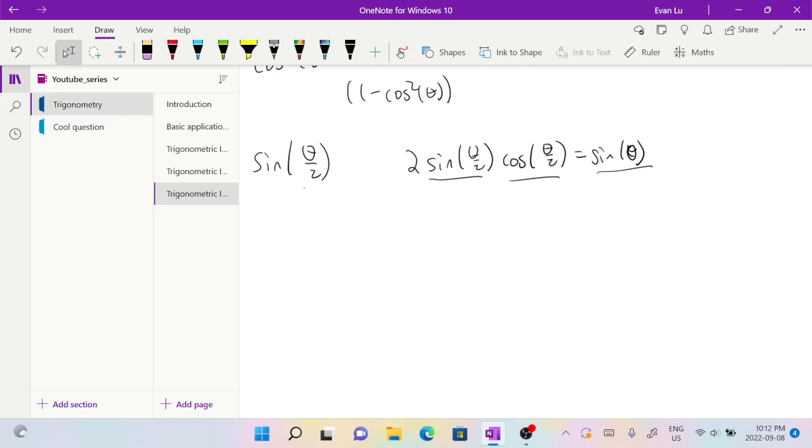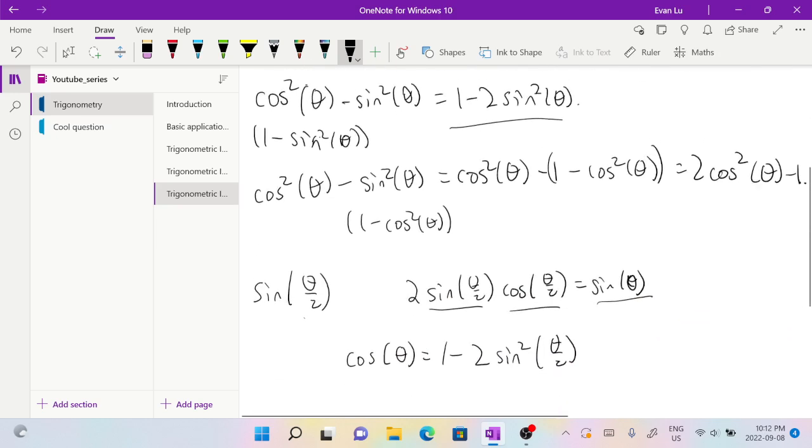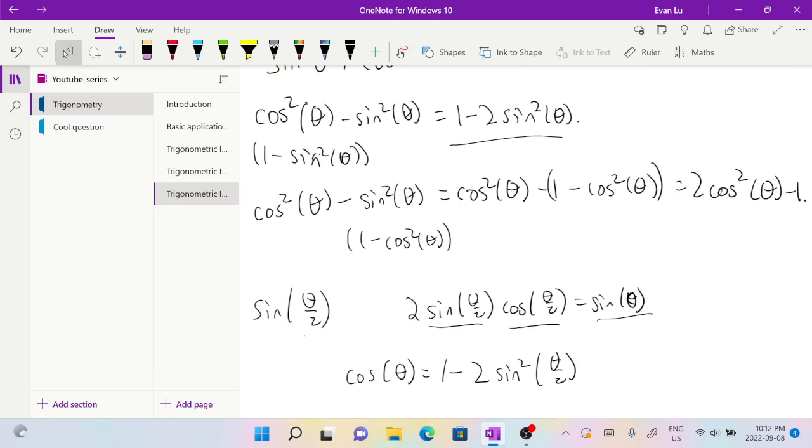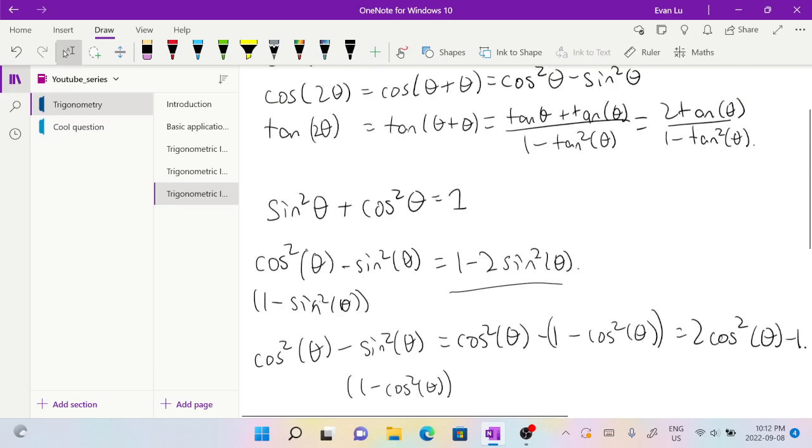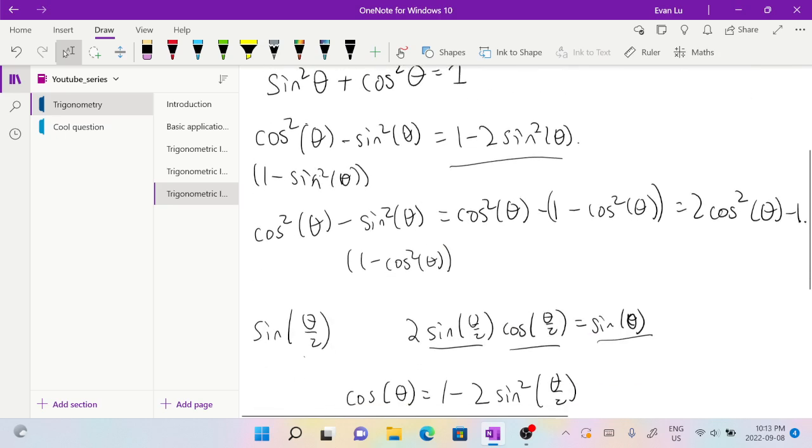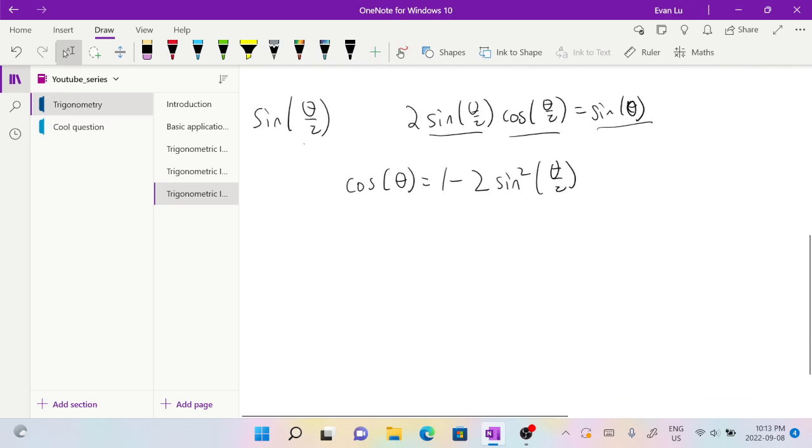And so what I'll get is that cos of theta would be equal to 1 minus 2 times sine squared of theta over 2, right? You can see here, I'm just replacing the theta with theta over 2. So this double angle formula will be cos of 2 times theta over 2, and so I'll get this expression. That's of course wonderful, because now I can relate it to one of the sine theta or cos theta.